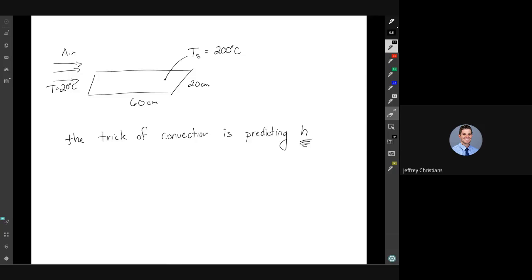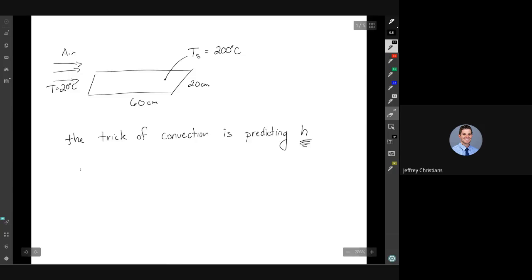The temperature of the surface, you can measure that really easily. The temperature of, say, the air or the water or whatever fluid it is, you can measure that super easily. You put a thermometer in it. H is where the complexity is, and if you're trying to do a design process, that's where you're trying to figure out, how can we control H? How can we figure out what it might be, what approximately it should be in these conditions? If we made this design change, how would that change H? You're going to be centering most of your thought on what is this thing and how do I control it and how do I figure out what it might be. But if you know H, everything's easy.